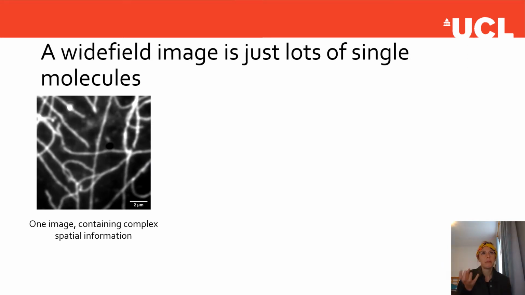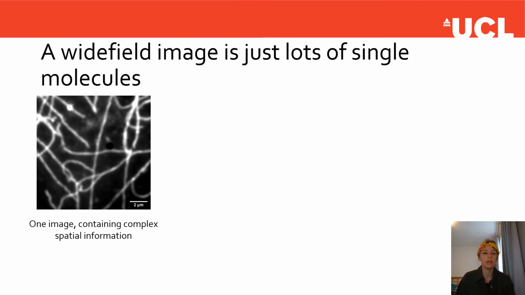Now if you think about a wide field fluorescence microscopy image, for example, these are some microtubules labelled with Fluor 647, the same dye as we looked at before. All this image is lots and lots of those single molecule images on top of each other. So it's one image containing really complex spatial information. What we do in single molecule localization microscopy is we try to find those single molecules again.